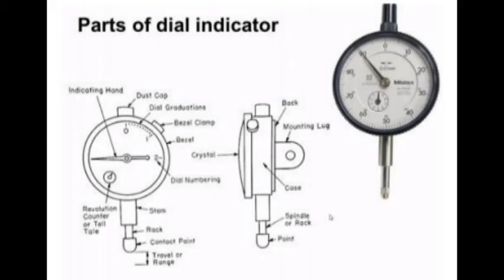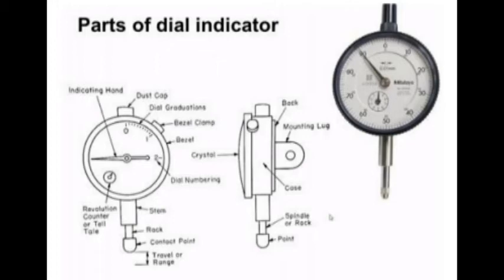So when the pointer moves from 0 to 10, the displacement of the plunger will be 0.01 into 10, that is 0.1 mm. Like that, it will be 0.1, 0.2, 0.3, 0.4, 0.5, 0.6, 0.7, 0.8, 0.9, and then 1 mm.